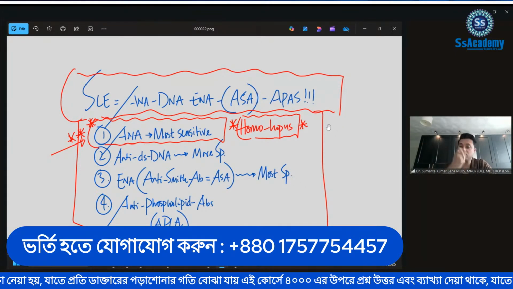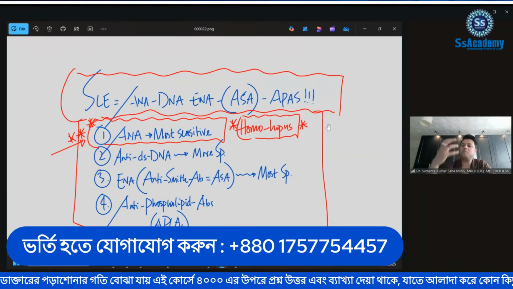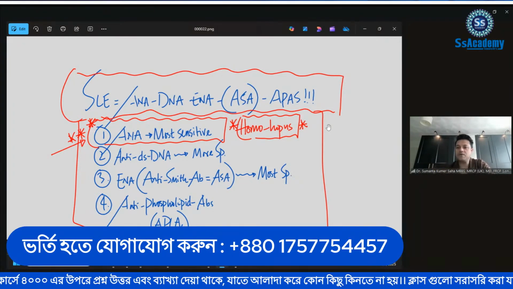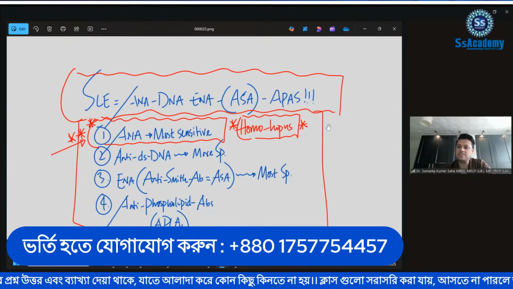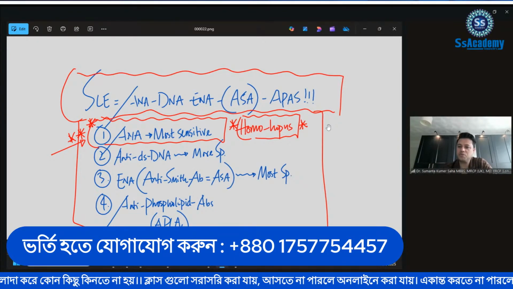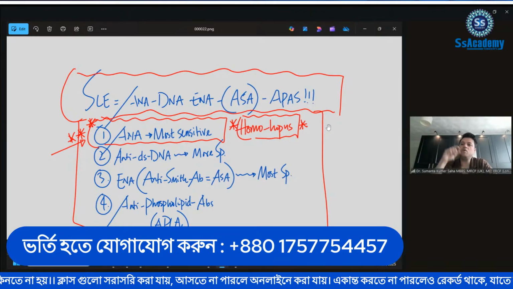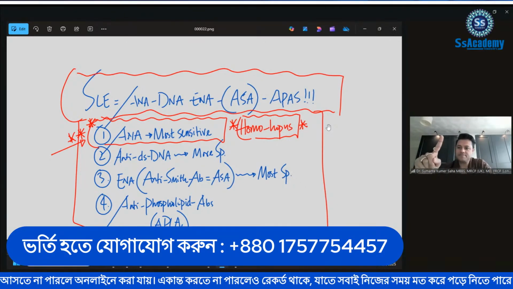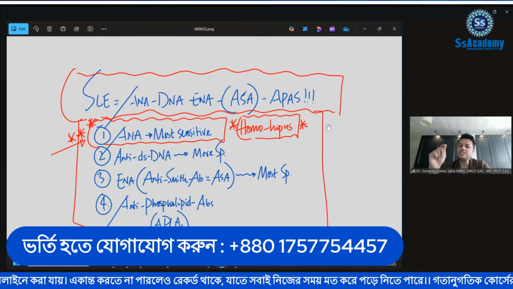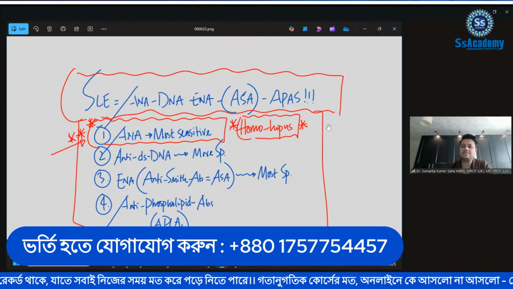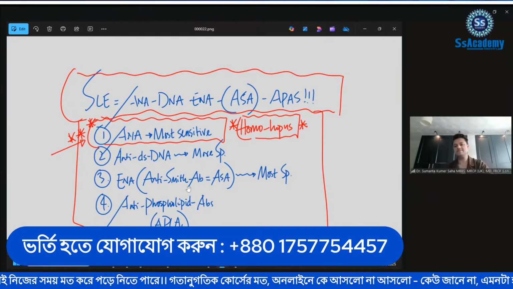I have the photosensitive rash, I have the butterfly rash, I have the oral ulcer, that's 3, and ANA positive is 4, done. Diagnosis done. Why are you worried about the other antibodies? So the most important antibody is ANA, number 1. Okay, if the question is asking for the most specific antibody, yes, ENA, anti-Smith, definitely. Most specific.